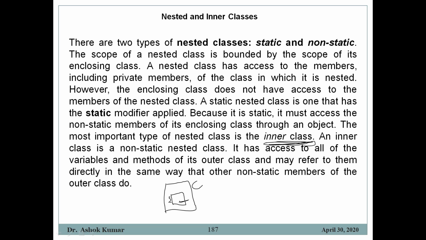Another important point is that in case of nested classes, this class S can access the members of the outer class. So S can access all the members of the C class directly. Directly means without creating the object of C class. But C cannot access the members of S class directly.